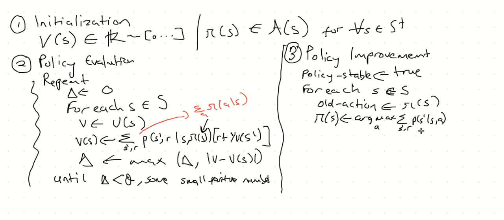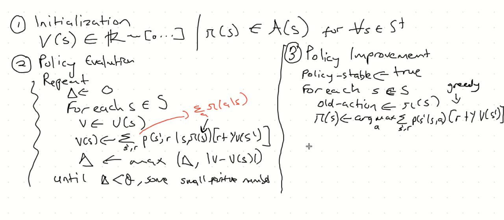If you remember, there can be an r there, but I'm just going to ignore it here. Multiplied by r plus gamma V of s prime. This is essentially what we update our new policy to be. This is how we're making the policy greedy: by computing this argmax, we're making the policy greedy.